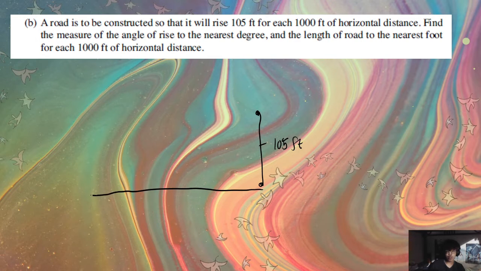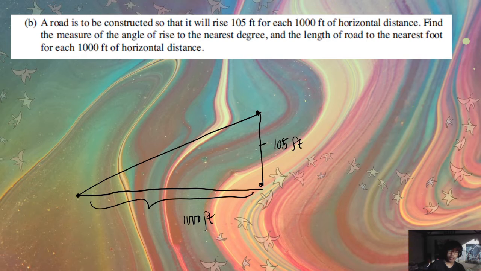Let's say this is our horizontal distance. It's not to scale. And that means it's going to rise here. Let's assume that this road is at vertical angles with the ground. So what are we trying to find? We need to find the length of the road.